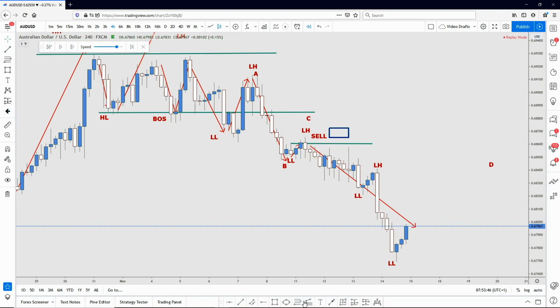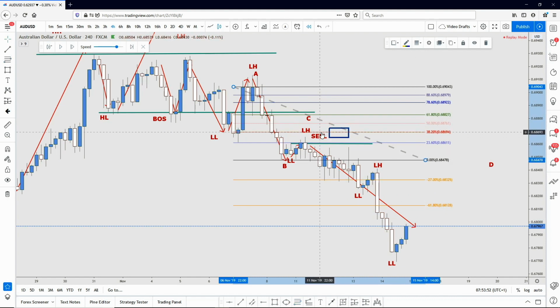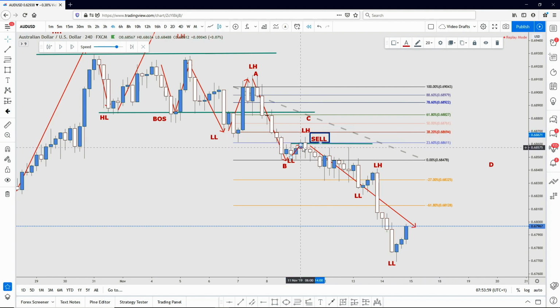We drew fibs. Let me just draw it again. So point A, point B. We see that price came to 23%. It formed a resistance here. Then we got a bearish engulfing candle. Bearish engulfing means this candle.